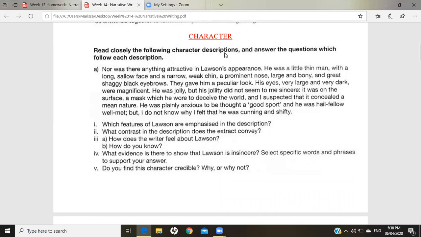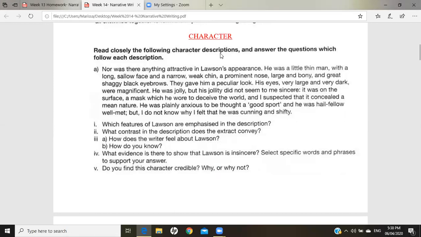So remember, I told you all it's extremely important that you describe your character, and we even looked at ways that we could describe characters last week. Do you all remember some things that we could mention about characters that would help in painting an image in the reader's mind? Do you all remember what we looked at last week? Yeah. How they dress. How they dress, good. How they look.